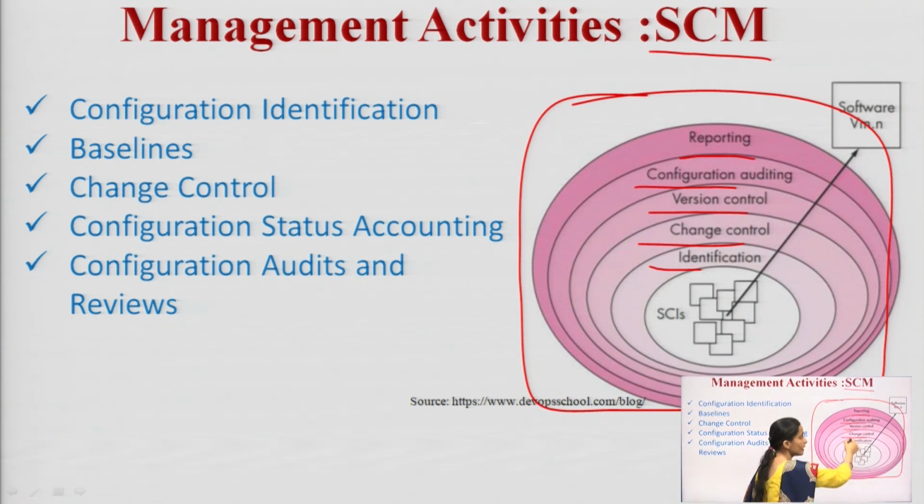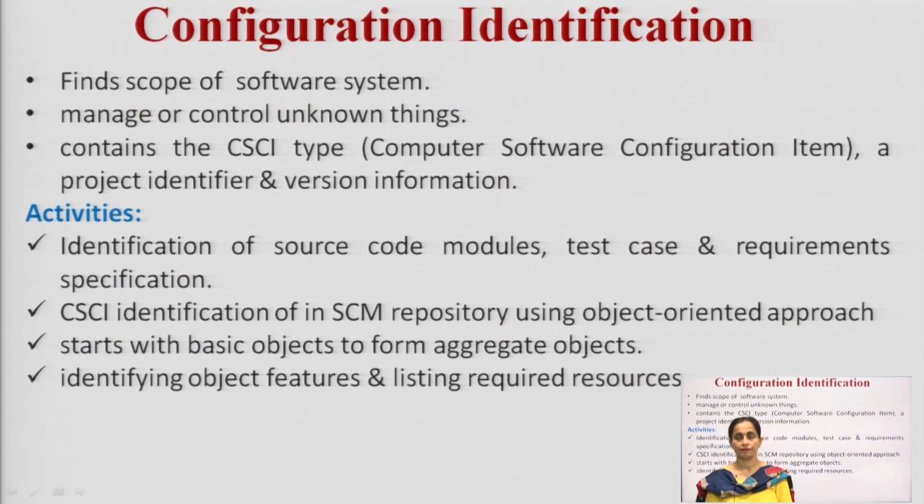These are the different levels of software configuration identification. We will be discussing them one by one. The first activity is configuration identification, then we move on to baselines, then change control, configuration status accounting, and finally configuration audits and conducting reviews. So, let us start with configuration identification.